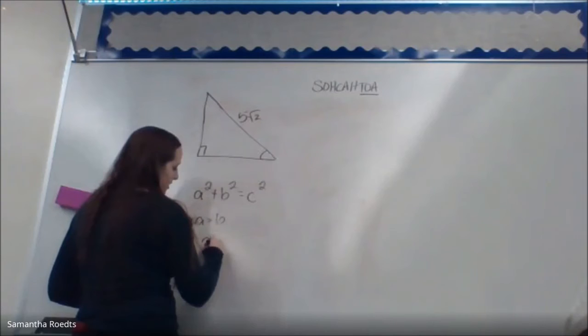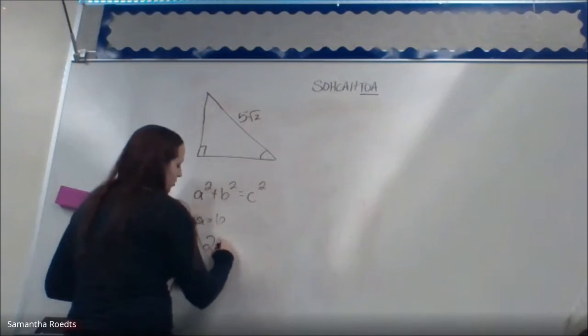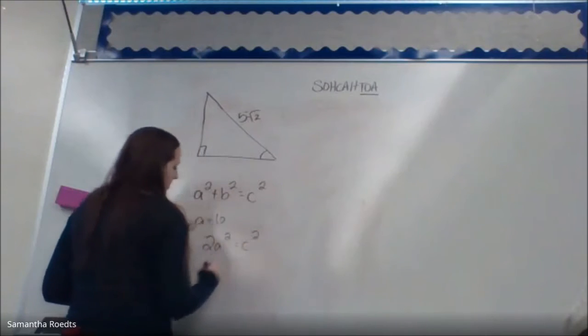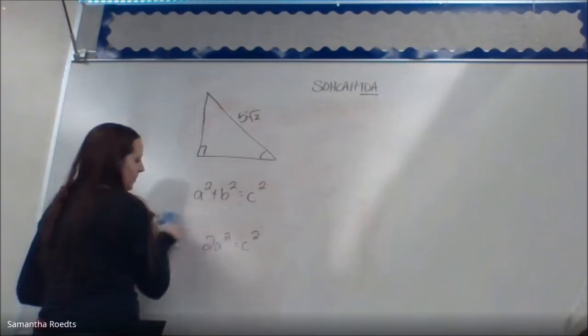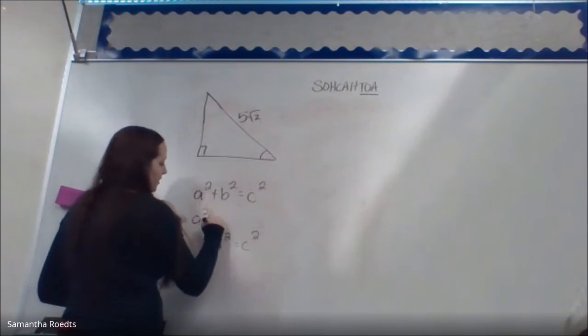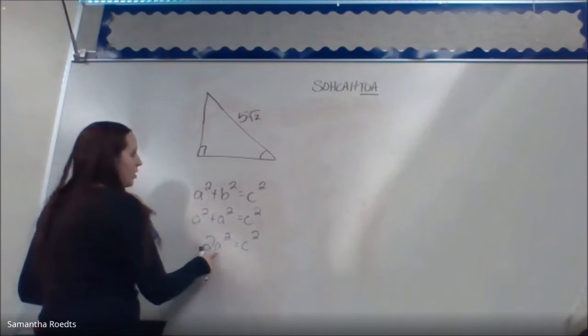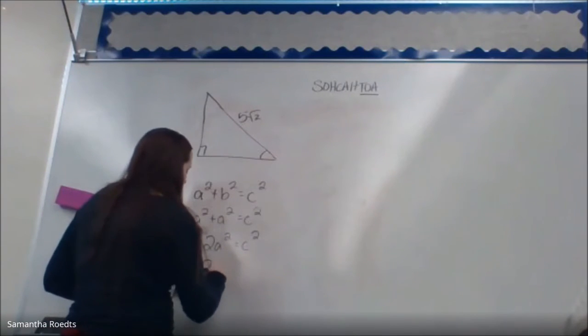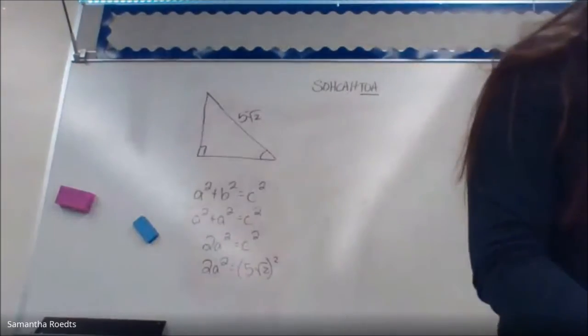So this is really 2a squared equals c squared, because I'll have 2 of them. I can really write a squared plus a squared equals c squared. So c is 5 square root of 2. So 5 square root of 2 squared gives me 50.